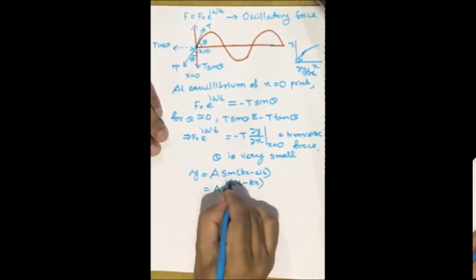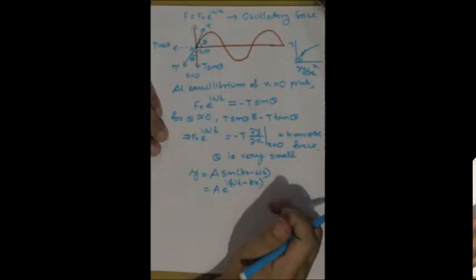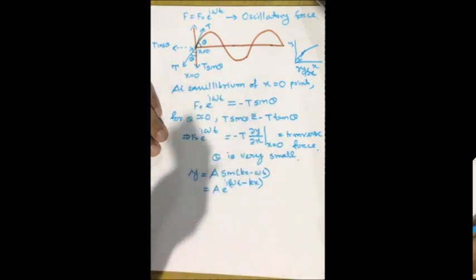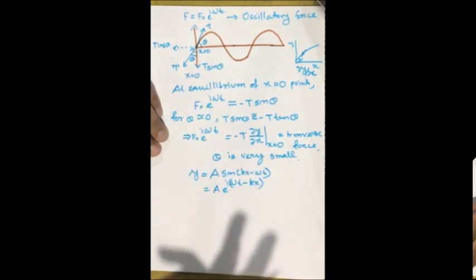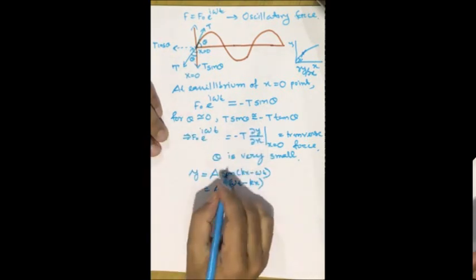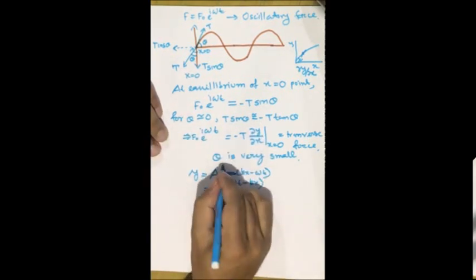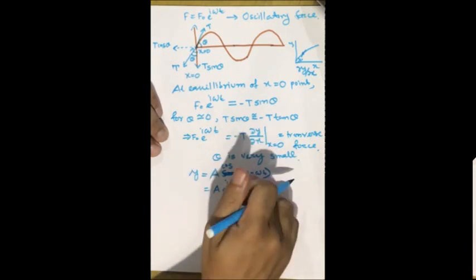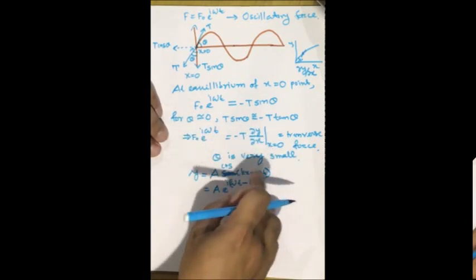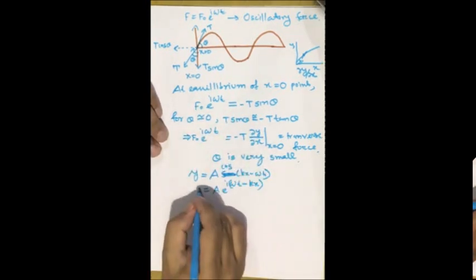The real part will be a cos(kx minus omega t), and the imaginary part will be a sin(kx minus omega t). So let's say it's a cos(kx minus omega t); then the real part of y will be the real part of this expression.